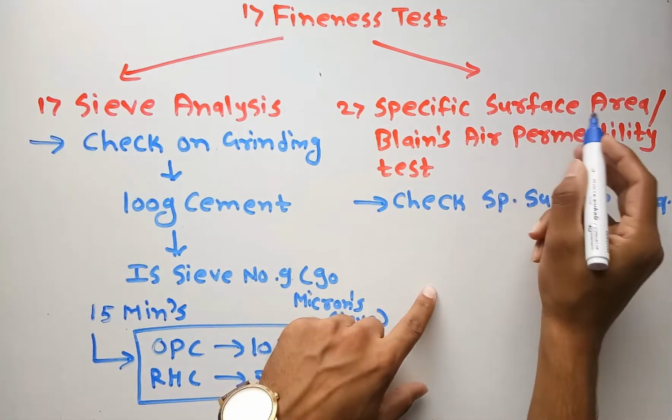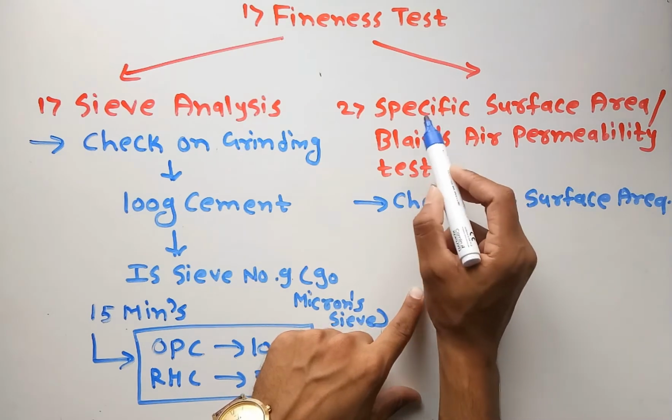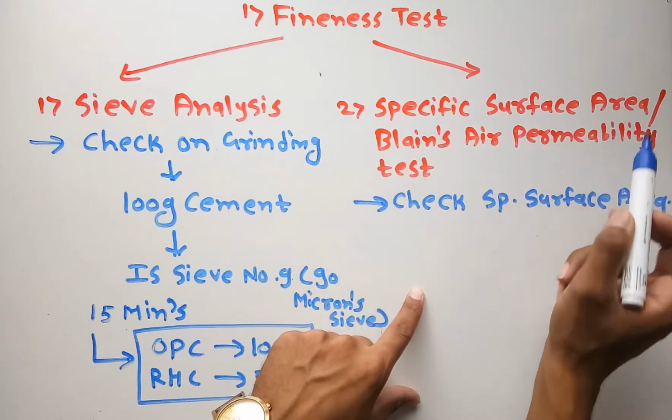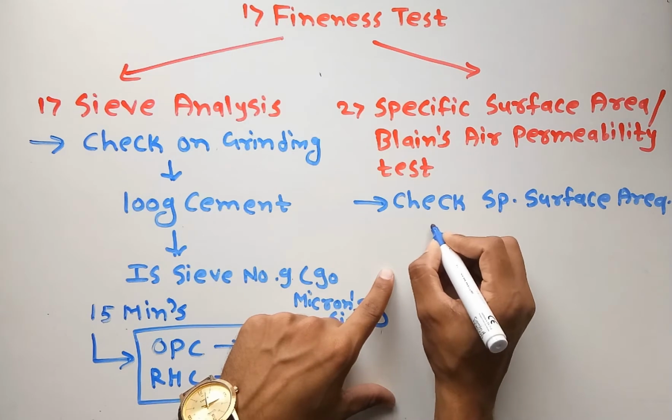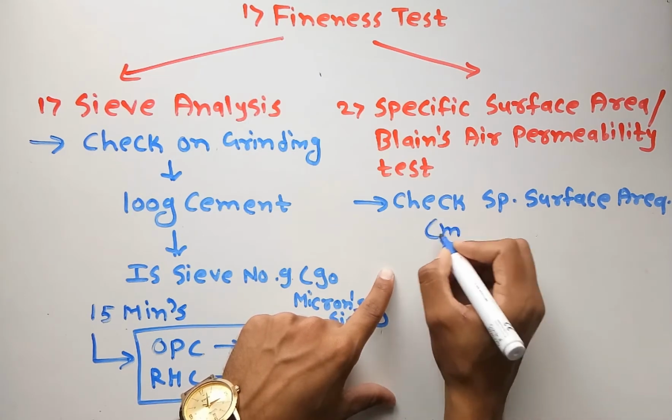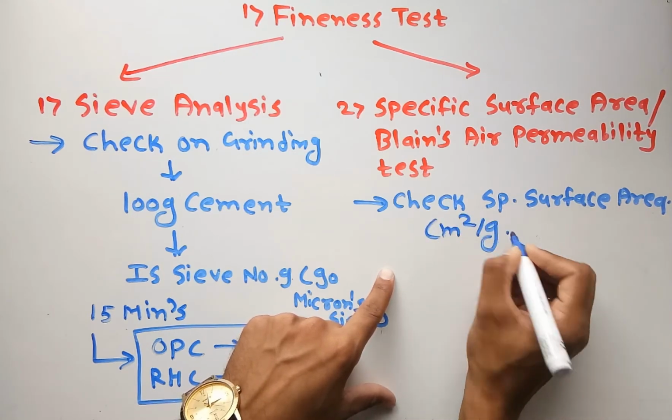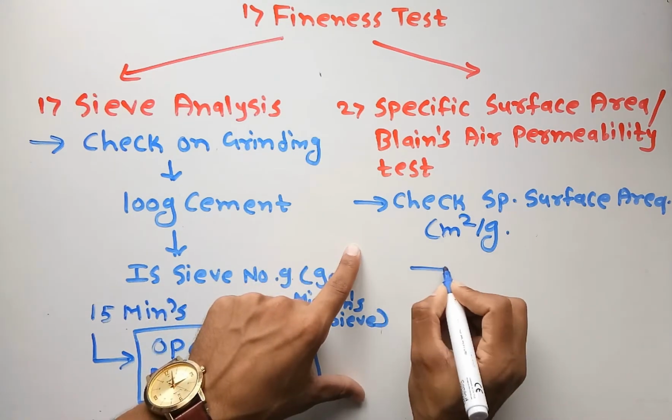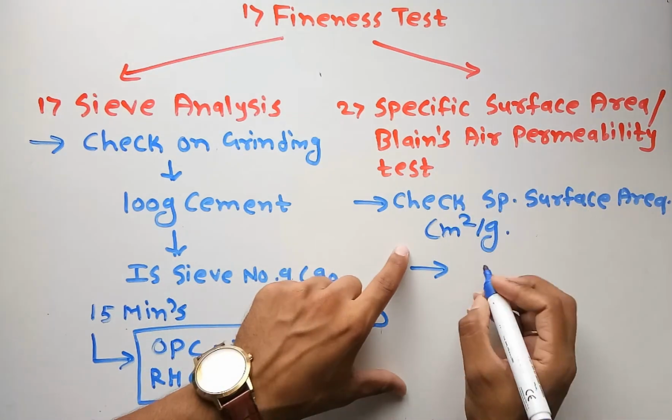In the specific surface area method, as we know, the result is given in terms of specific surface area, and it is represented in centimeter square per gram. To check the specific surface area, the standard data is given.